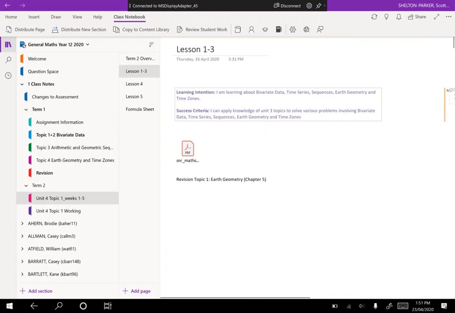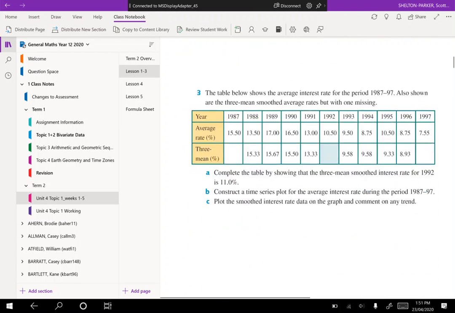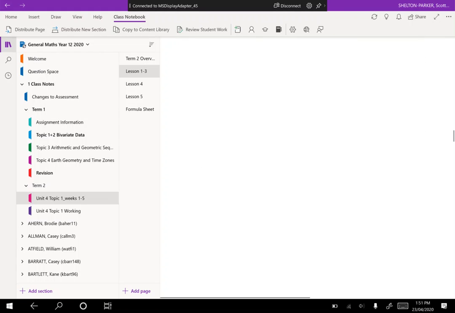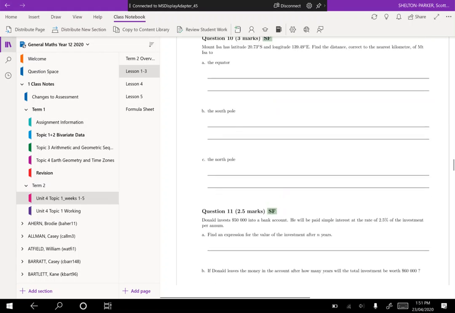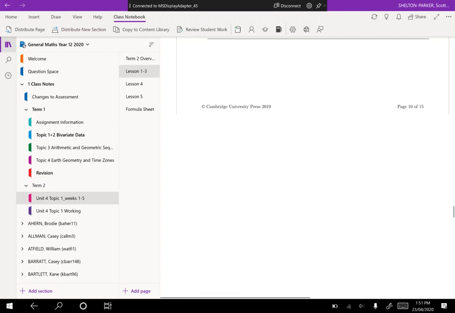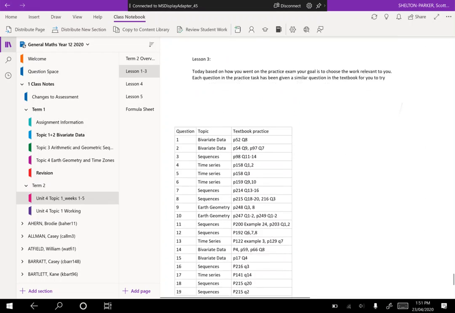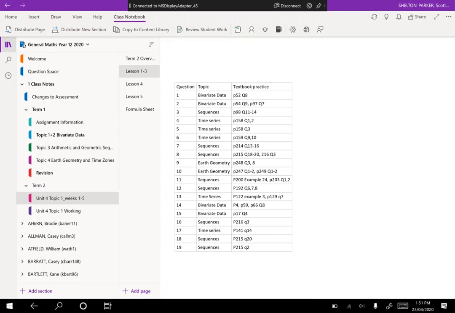Here. I should copy that over actually. I mustn't have put it in both. There we go. So each question, we've said what it relates to, and then some example questions that might be a little bit similar to it if you are stuck.